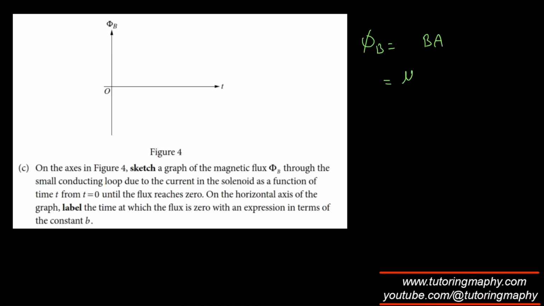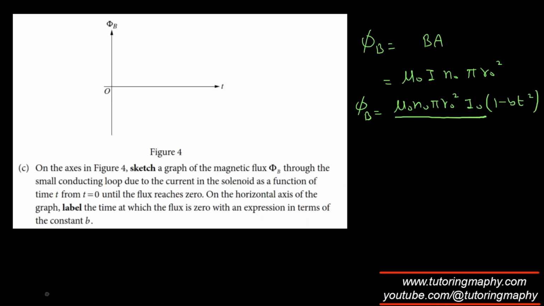The magnetic field is mu naught times I times n naught, and pi r naught square, and I will be I naught times 1 minus bt square, right? This is just a big constant, so I can replace it for the moment with some constant k just to analyze, and this is 1 minus bt square. Now, in order to find the x-intercept, I'm going to set this entire thing to 0.